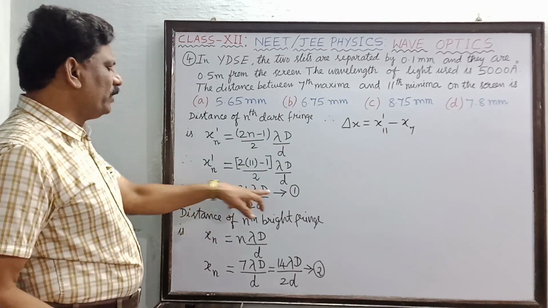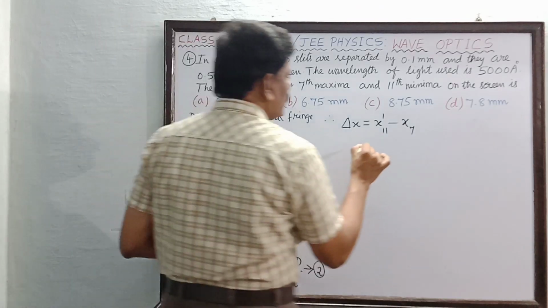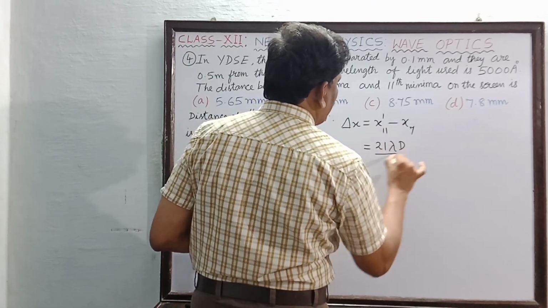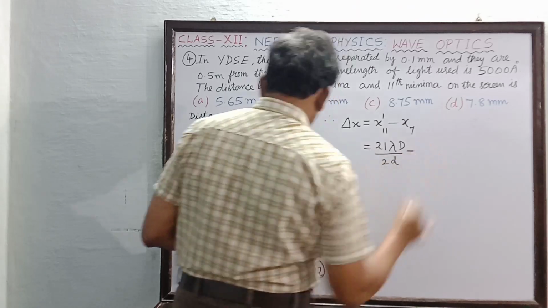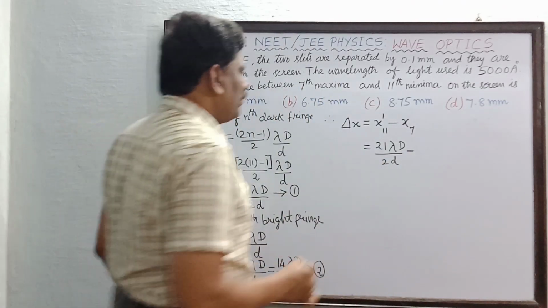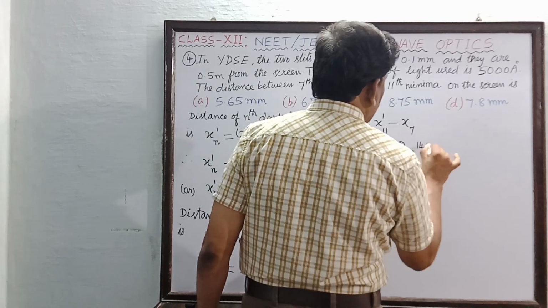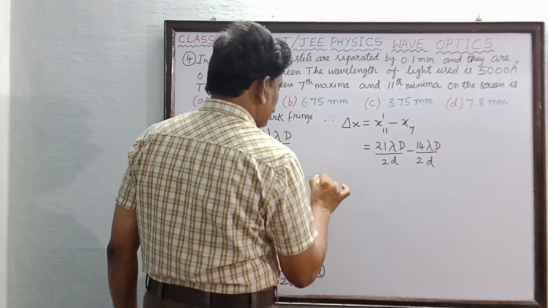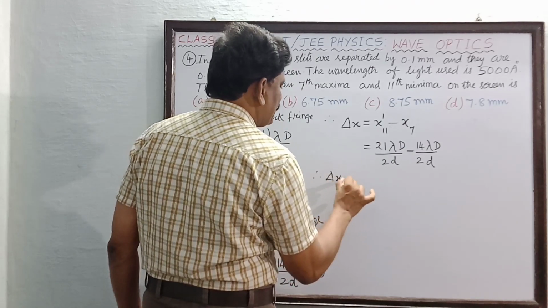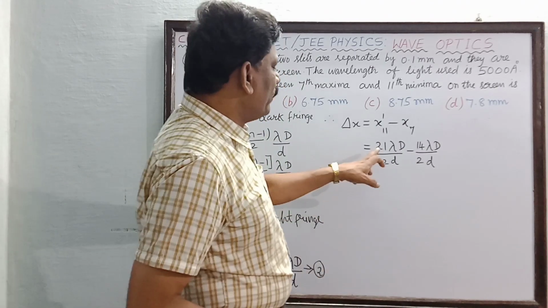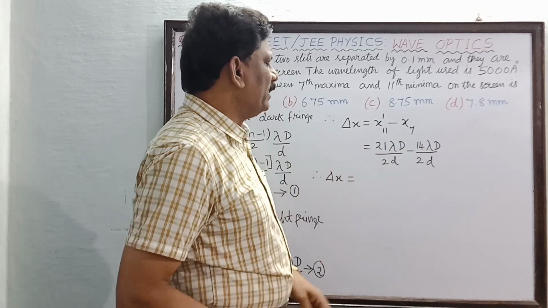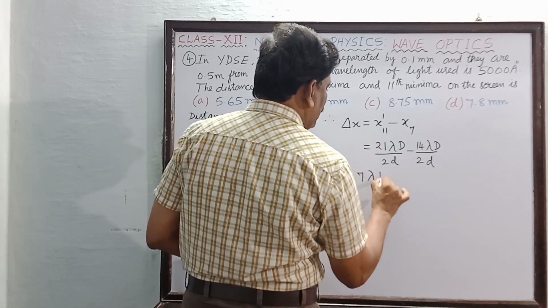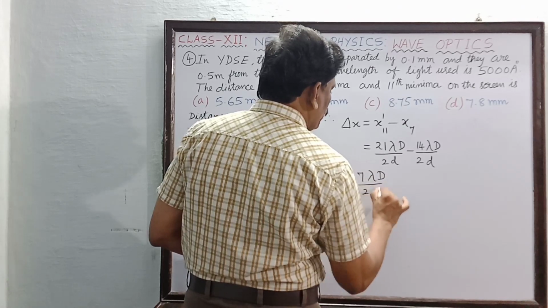So it is 21 lambda D divided by 2d minus 14 lambda D divided by 2d. Therefore delta x is equal to 21 minus 14 is 7, so this is 7 lambda D divided by 2d.